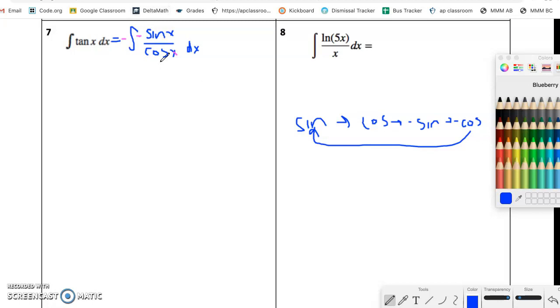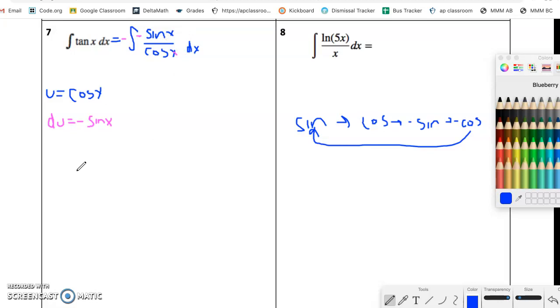So now I'm able to make it so my u is going to be that cos x and my du is going to be that negative sine x. So now my du is in the numerator. Now when I do this, I'm going to go ahead and substitute everything in.